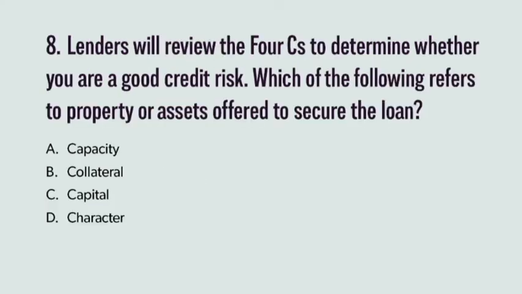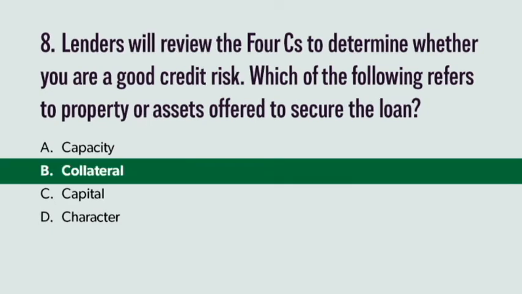Number 8, lenders will review the 4 C's to determine whether you are a good credit risk. Which of the following refers to property or assets offered to secure the loan? A, capacity, B, collateral, C, capital, or D, character? And the answer is B, collateral.